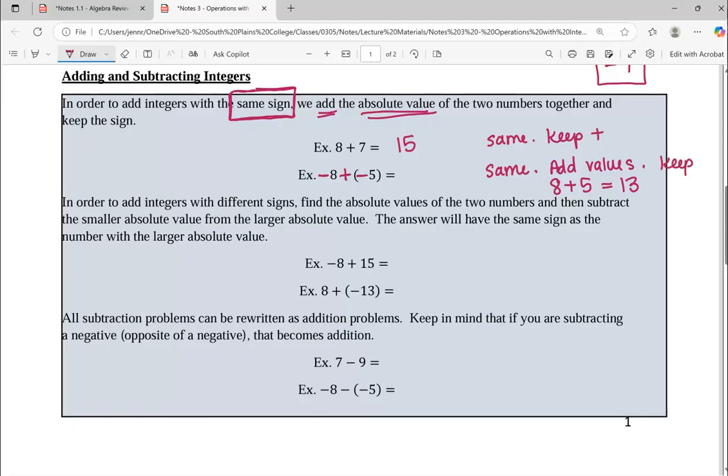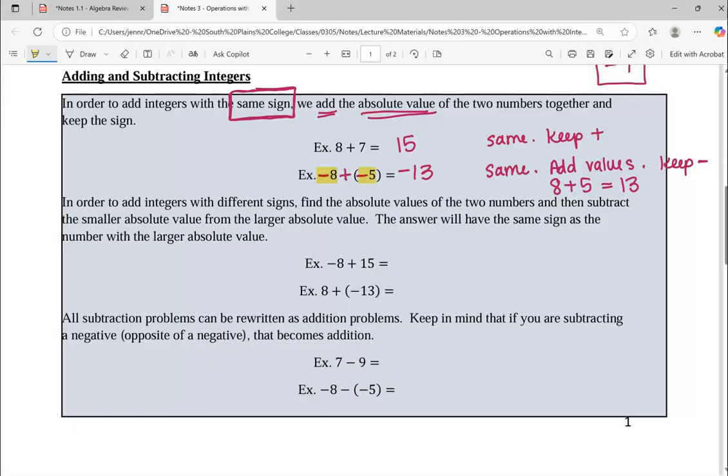But I need to keep the negative that we started with, negative 13. Think about it like this. If I'm $8 in debt and I bring in $5 more in debt, I'm going to put those together because they're going to bring in more debt, negative 13.